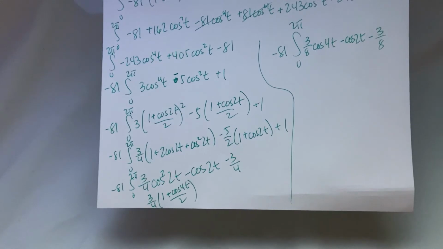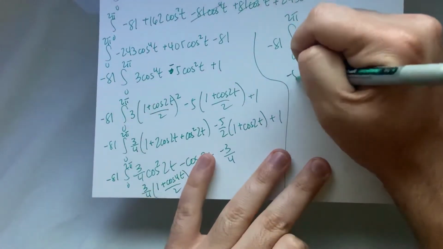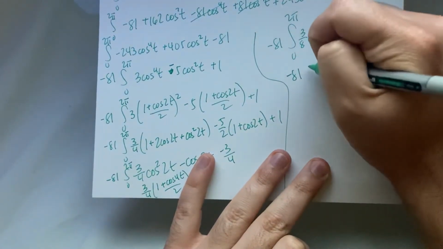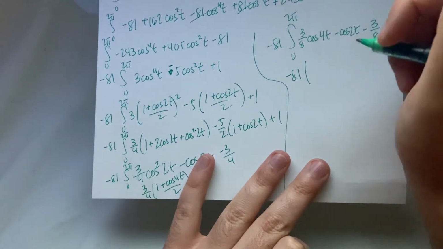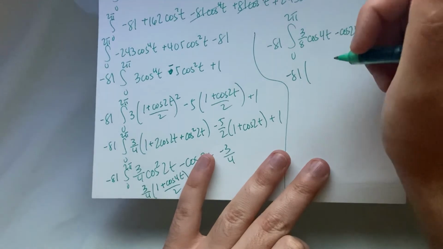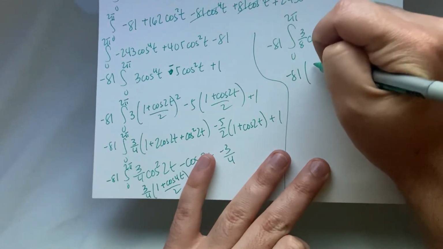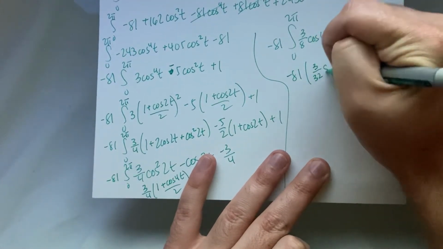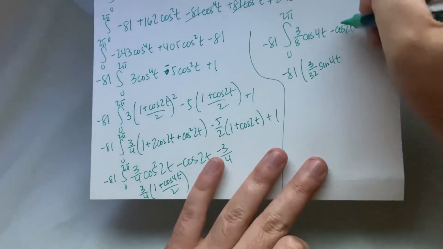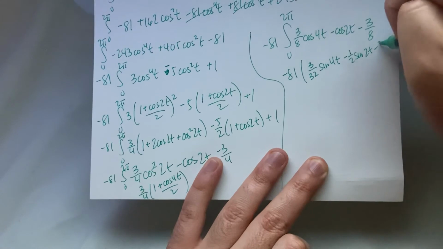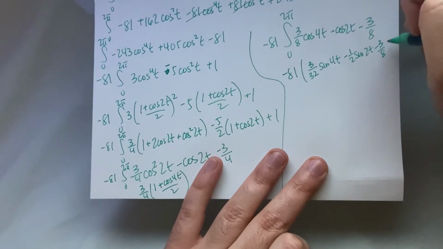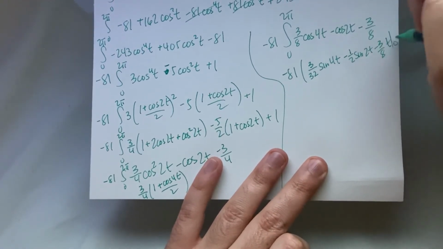Now we integrate. It's negative 81 times the integral of cosine 4t, which would be sine of 4t divided by 4. So this should be 3/32 sine of 4t minus 1/2 sine of 2t minus 3/8 t, evaluated from 0 to 2π.